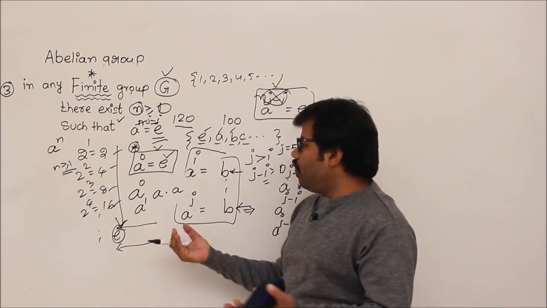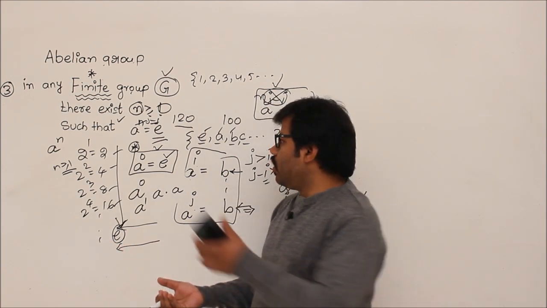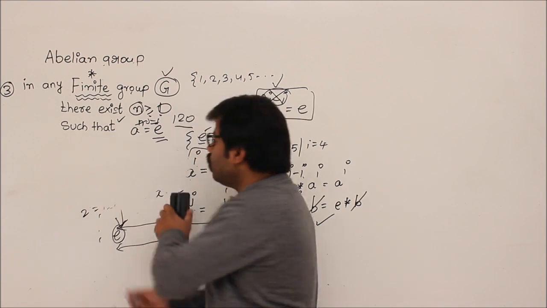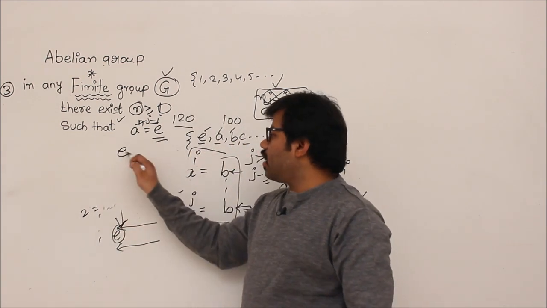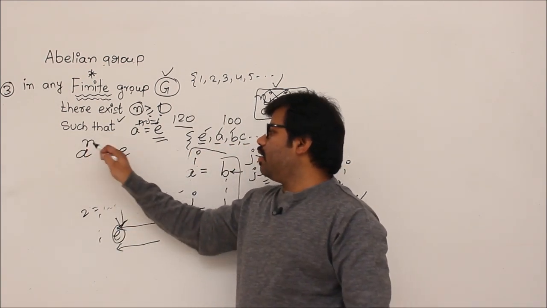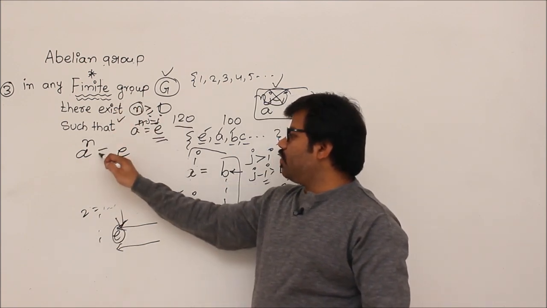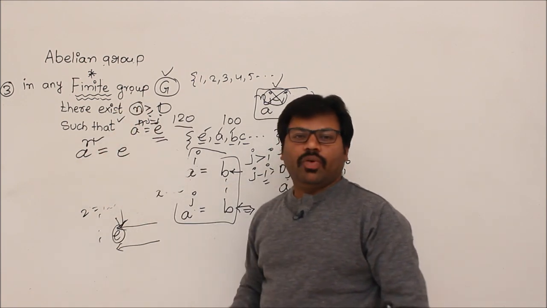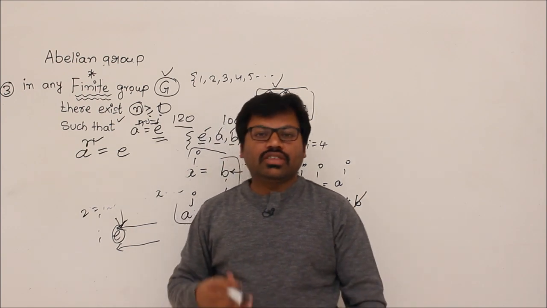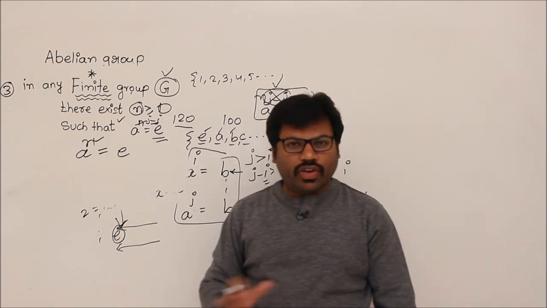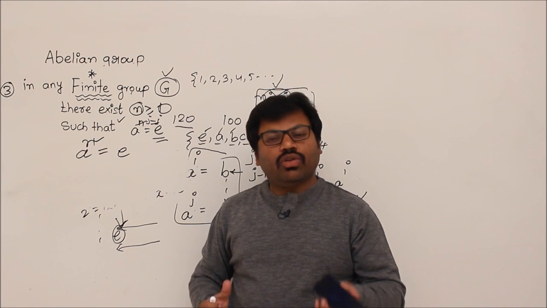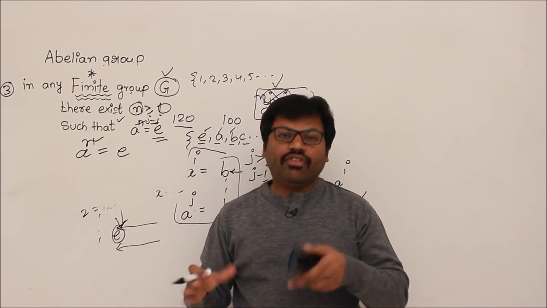However, for 0 it is obviously true. Other than 0, is it possible to get e back if I apply a power some n? Yes. So in a finite group we can always have some n such that a power n equals e. That is the story. Sometimes we will have lengthy discussions, don't worry. If you don't allow me to have a lengthy discussion, how can I teach everything, correct?